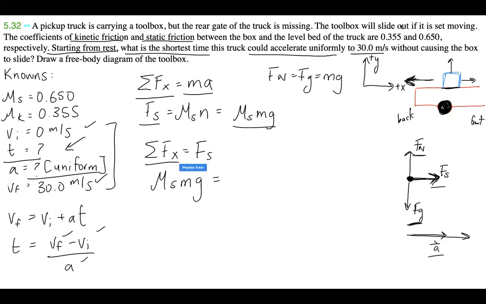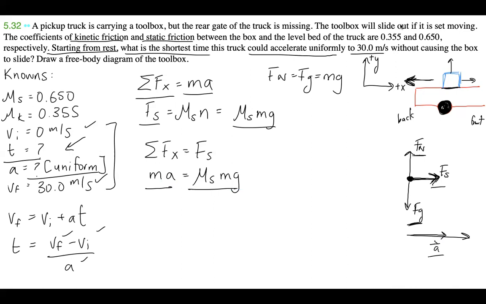Sorry, I actually flipped it, and I'm going to rewrite it. So we said that mass times acceleration is equal to mu s times mg, right? So any force occurring in the x direction is due to the force of static friction. That makes sense. Okay.